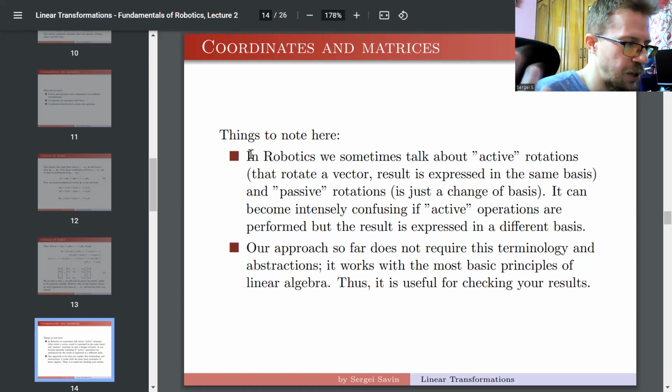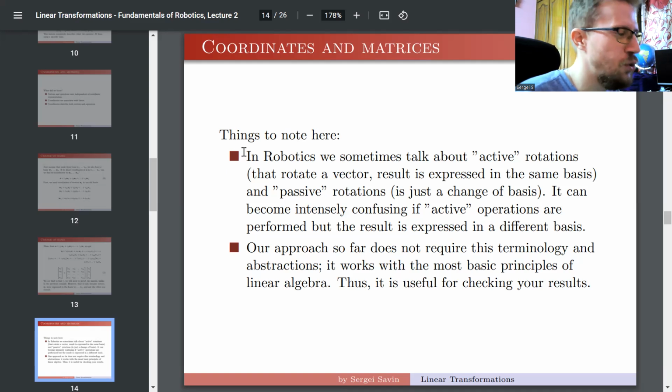Either you're talking about operators or you talk about change of basis. But instead of trying to find out if it is active or passive, just think about algebra. My suggestion: don't try to bring in this robotics jargon, active, passive rotations, etc. All of this is fluff. It helps if you understand what's going on, but algebra works fine.